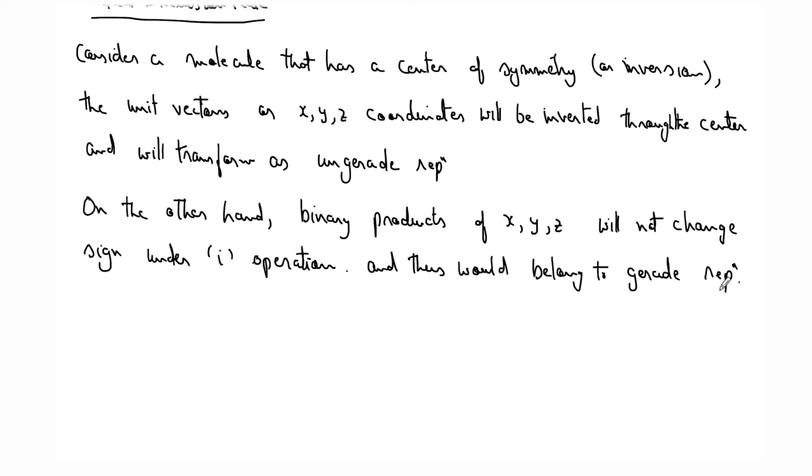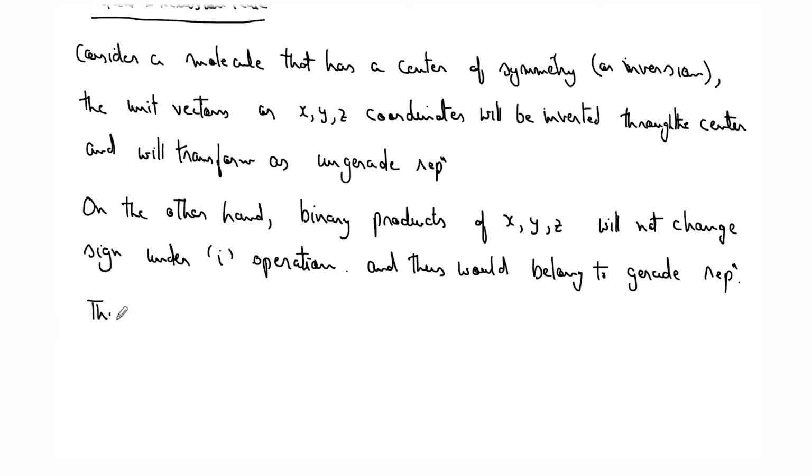So this will always form a gerade representation. xyz will always form a basis to an ungerade representation, and thus whenever there is a center of symmetry in the molecule, the IR and Raman spectra will be mutually exclusive to each other.